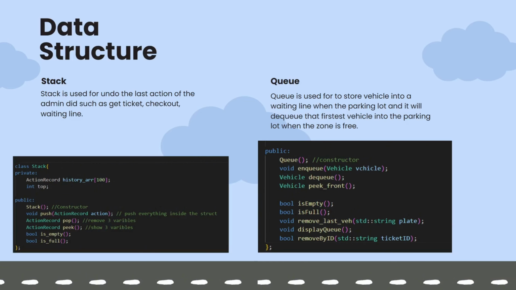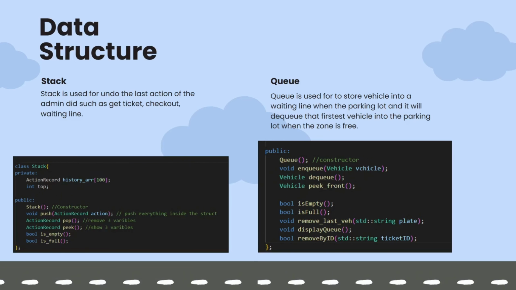Let's say the admin gets the ticket and mistypes the plate number. Once the admin undoes the action, it will remove the vehicle from the parking lot. And say it's a checkout and the admin accidentally removed the wrong plate number. When you click undo, it will undo that action and add the vehicle back to the parking zone.